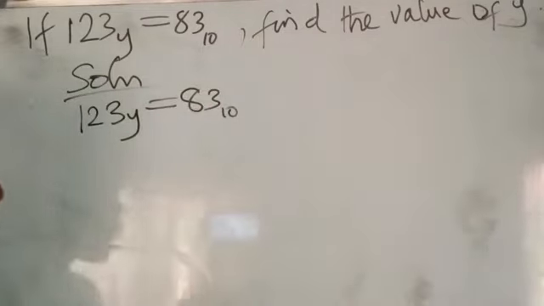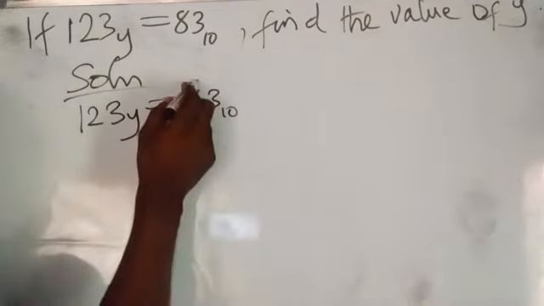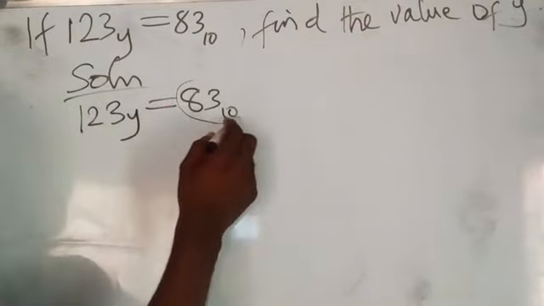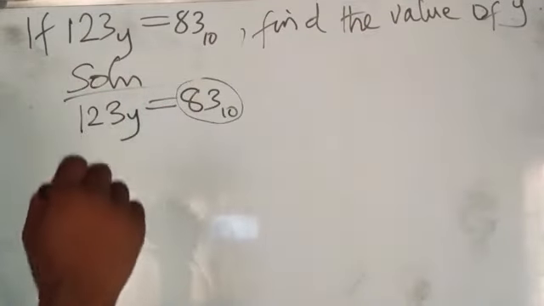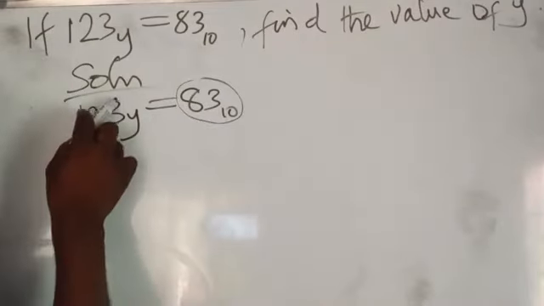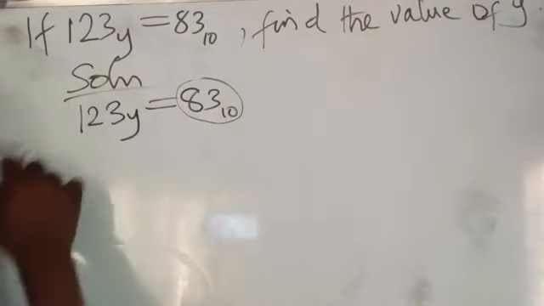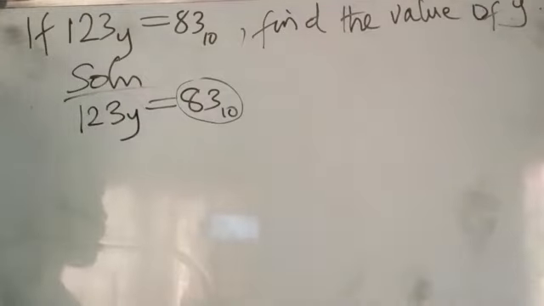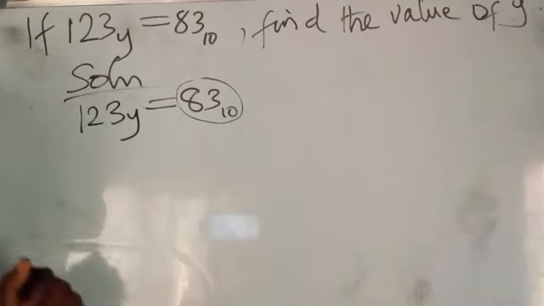Now, the first thing to do is to pinpoint this 83 to base 10, then keep it here. Work with the left hand side of this equation to find your y. Is that clear now?